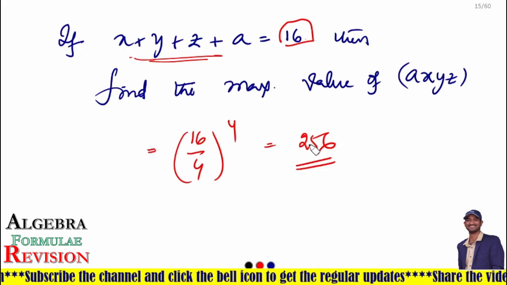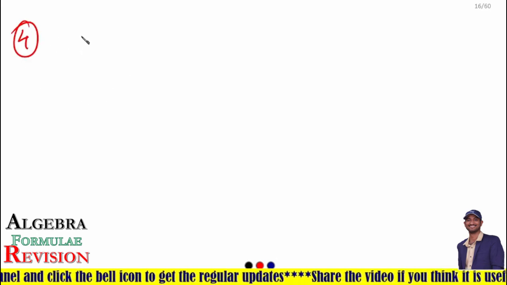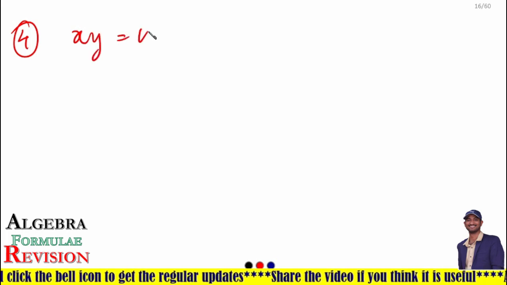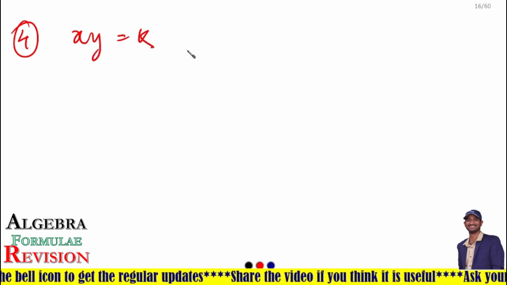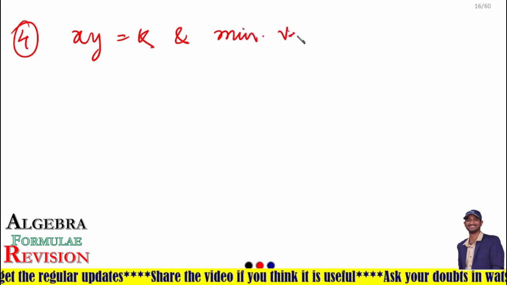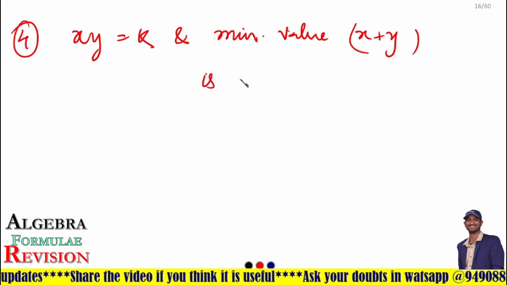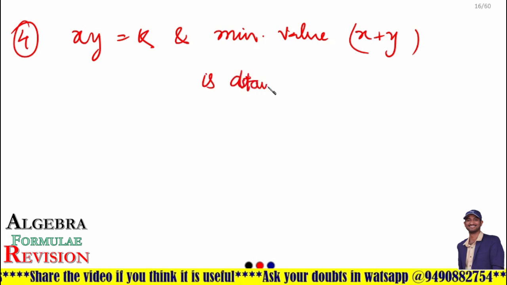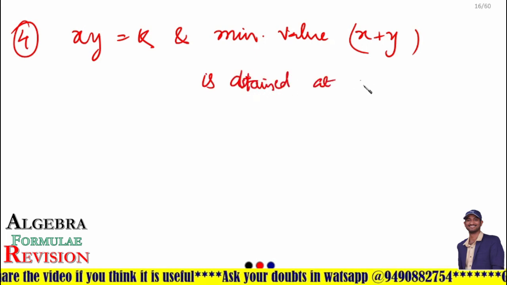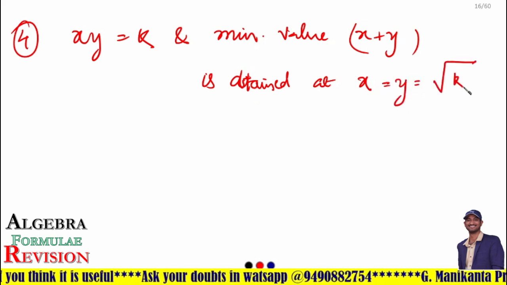Next, that is the third one. Next, if you observe the fourth point, if the product of the variables is some constant, if xy is some constant, and the minimum value of the sum of the variables is obtained at x equal to y equal to square root of k.